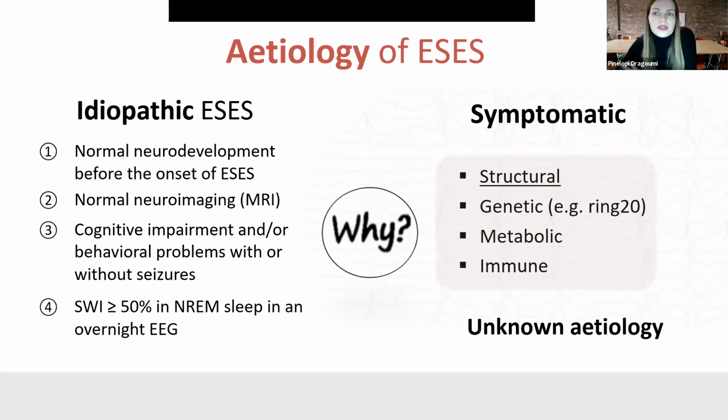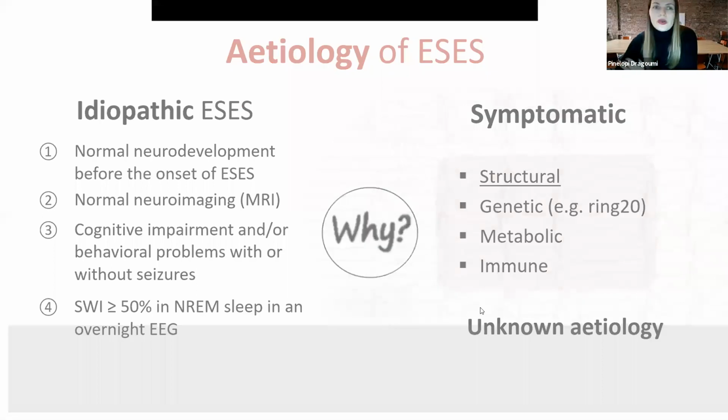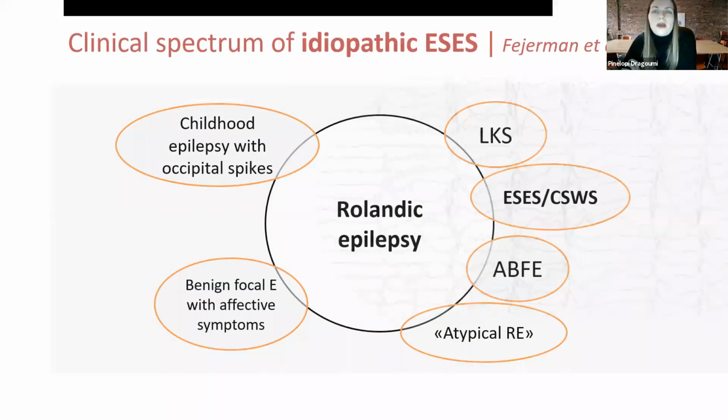And we can have the symptomatic SWAS, which is when we have underlying structural or genetic or metabolic etiologies. This is what I was referring to as the spectrum of idiopathic SWAS.